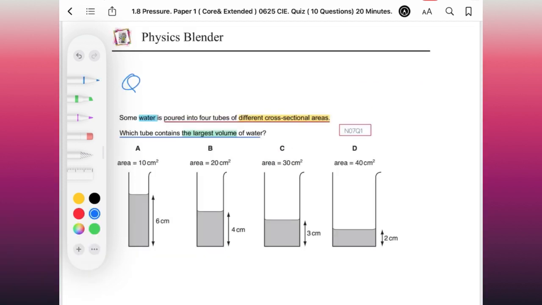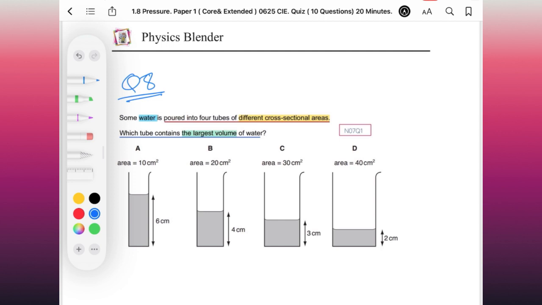Question 8 is asking which tube contains the largest volume of water, and here you have different cross-sectional areas. Here it's not directly related to pressure, but it's good to recall how to calculate the volume of water if you have a measuring cylinder or different tubes.